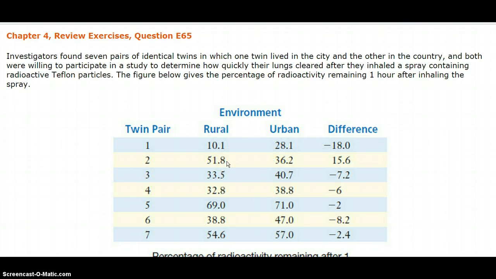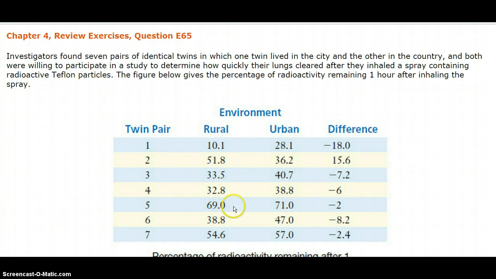Now on the second one, however, the rural one, this pair only had 51% left, whereas the urban only had 36%. So in general, these twins were not as good at getting the radioactiveness out of their body as this first pair of twins were. And in this case, when we take rural minus urban, we get a 15.6. So the urban did better than the rural here.